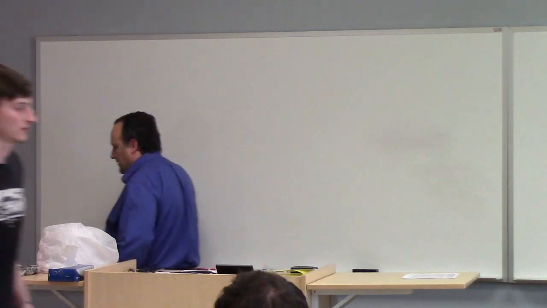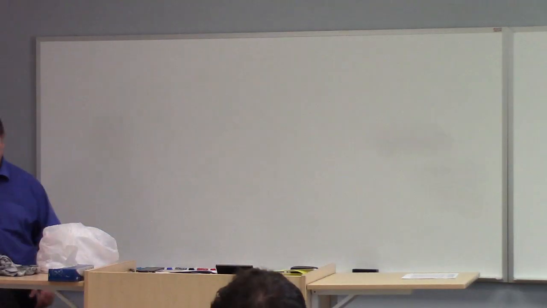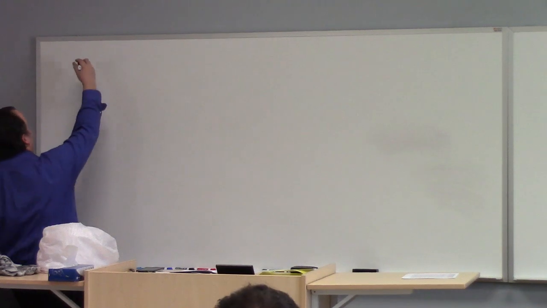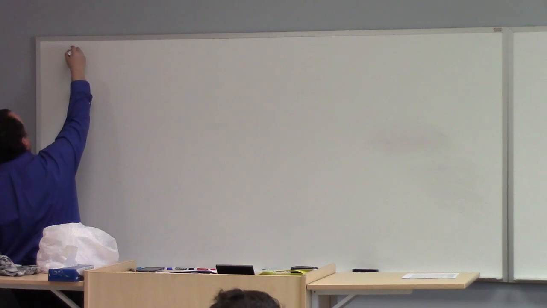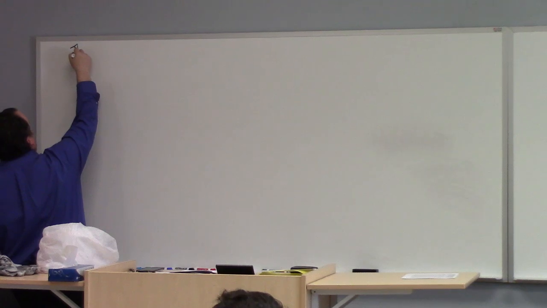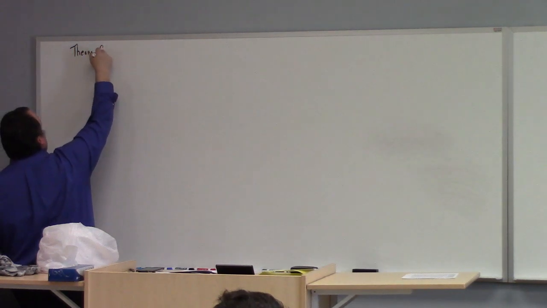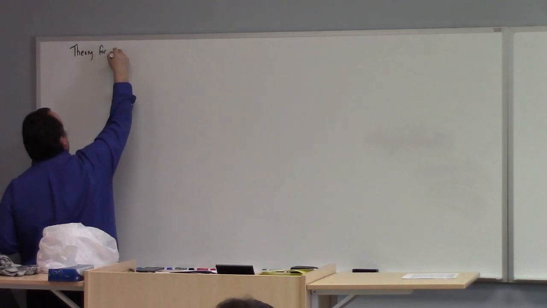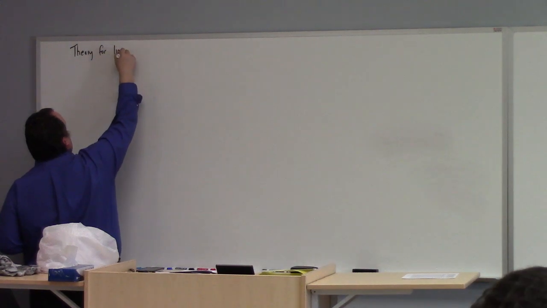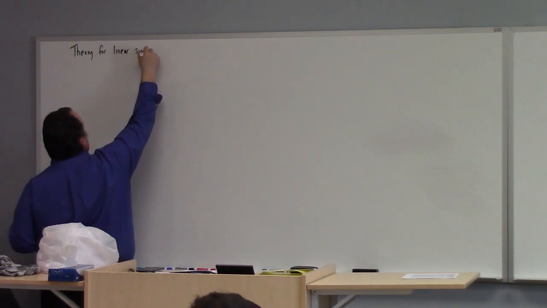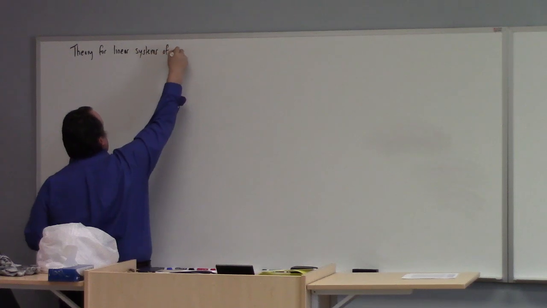So, I probably should talk about the theory for systems of differential equations for a bit before we do any more examples. So let's just talk about theory for linear systems of ODEs.